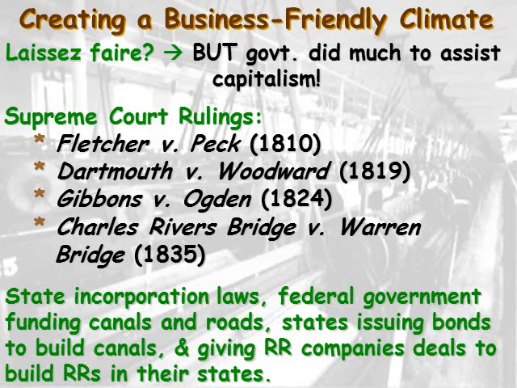States issued bonds to build canals. Railroads were given deals by state governments to encourage railroads to be built in their territory. They were given free land or land grants. And there were ways that the states and the federal government really encouraged this market economy.